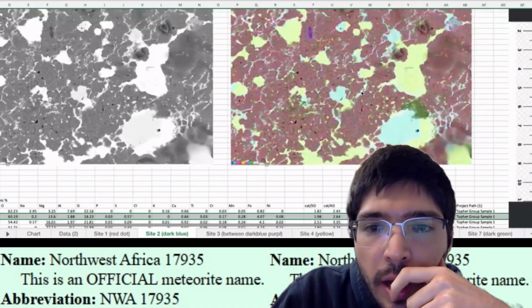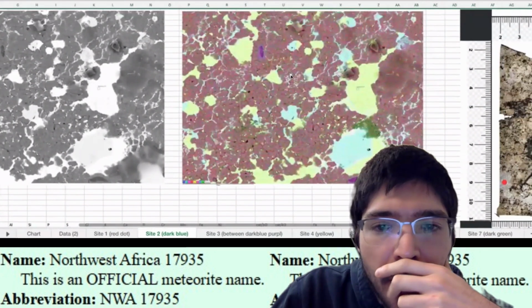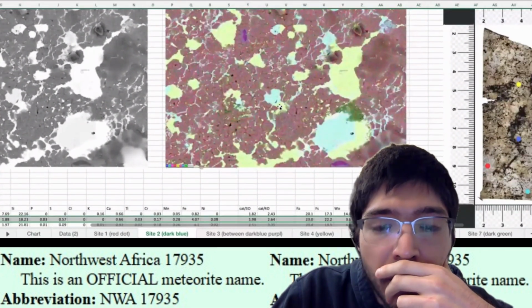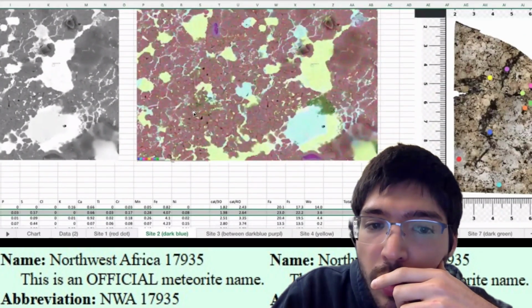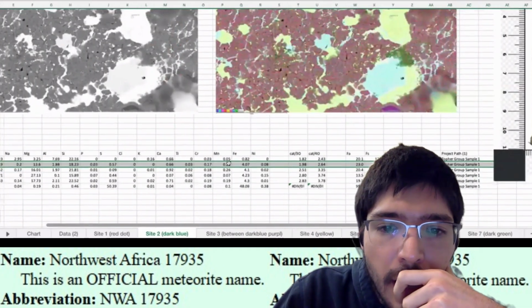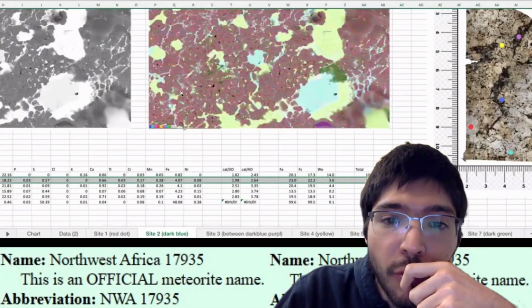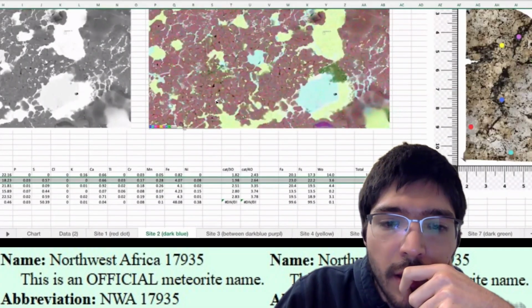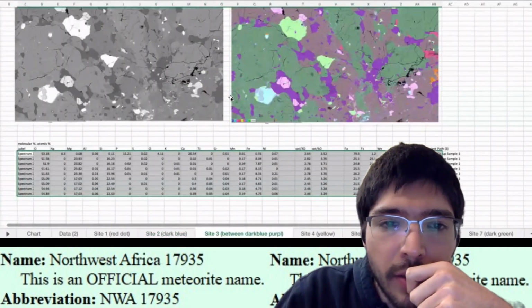So, majorite, pyrope, this is a high pressure mineral phase you can find in shock melt veins in highly shocked ordinary chondrites. So I wouldn't be too surprised if that's what it is here. It has a very similar texture to that, but this isn't necessarily relevant to the overall classification of the rock. But if you're doing research, it's always cool to see that you might have some weird mineral phases here. So that's sort of how I look at those.